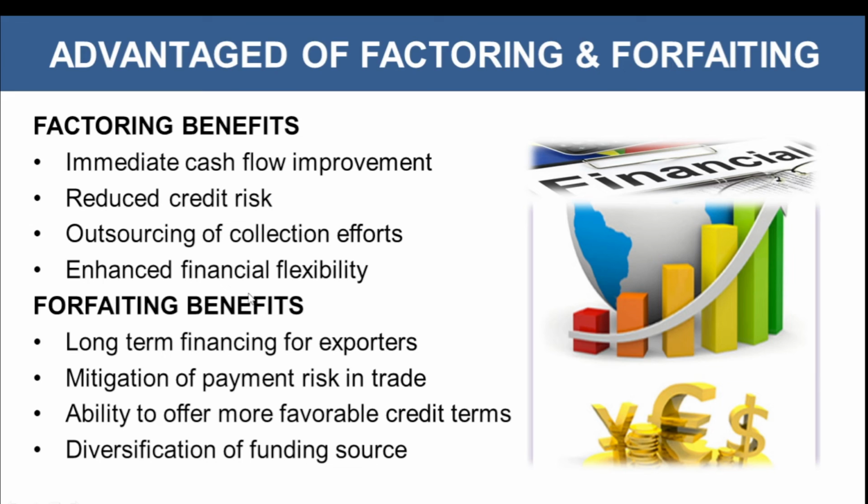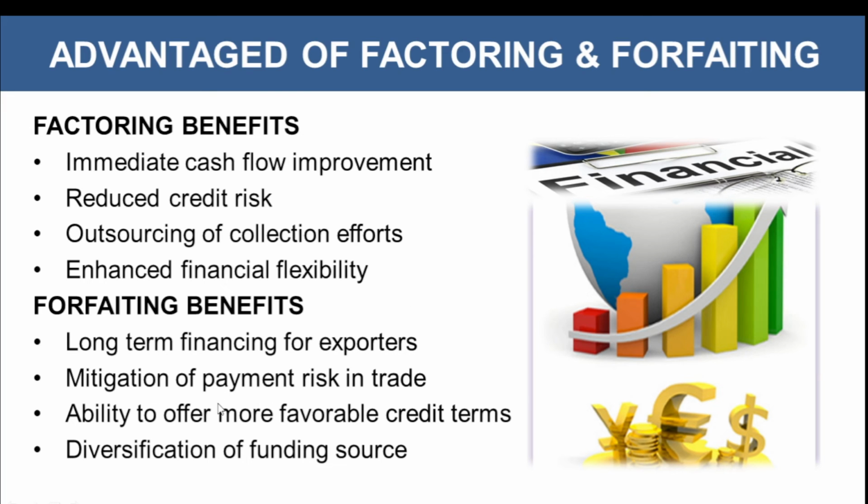So all these responsibilities are transferred, and thus the risk involved with this particular credit transaction is also reduced. Outsourcing of collection efforts, enhanced financial flexibility. Financial flexibility is being provided through the financial services of factoring and forfeiting. Forfaiting: long-term financing for exporters, mitigation of payment risk in trade. It is the same concept; the risk involved will be lessened.